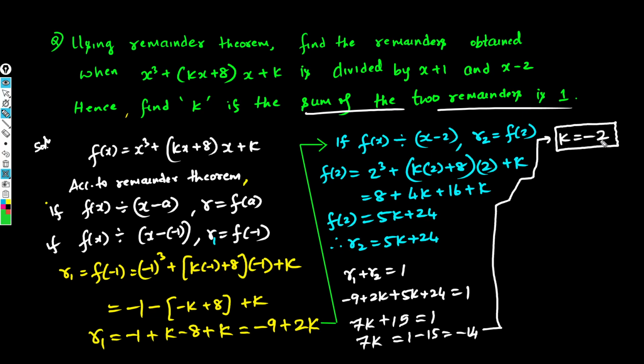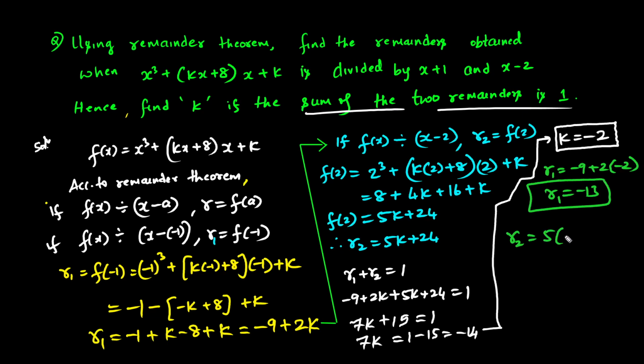Now when k is minus 2, what would be the value of the first remainder r1? r1 would be minus 9 plus 2 into minus 2. That would be minus 13. And what would be the second remainder r2? 5 into minus 2 plus 24.